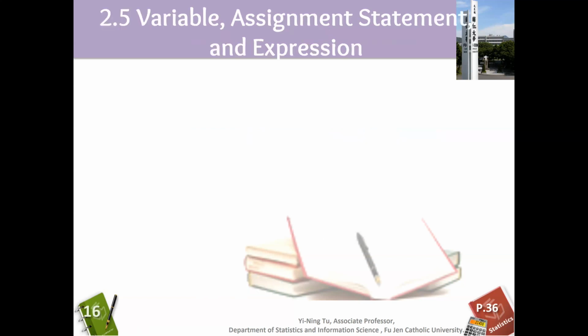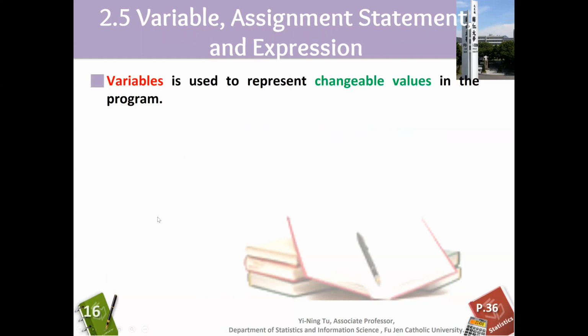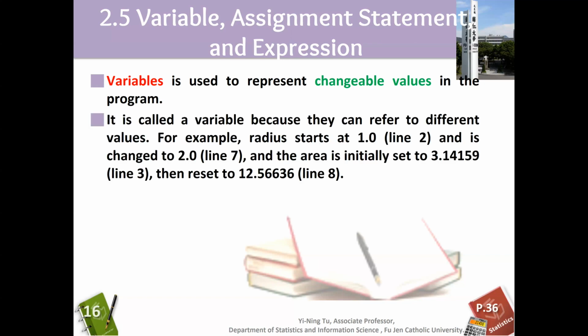Okay. Now we will talk about section 2.5: variable, assignment statement, and expression. A variable is used to represent a changeable value in a program. We have all talked about it. It is called a variable because it can refer to different values.